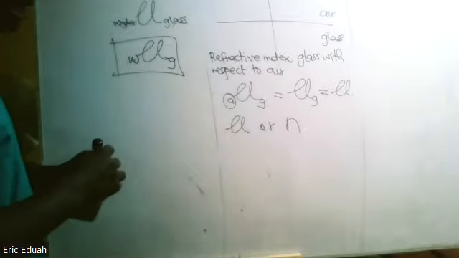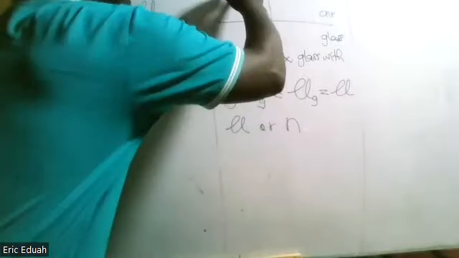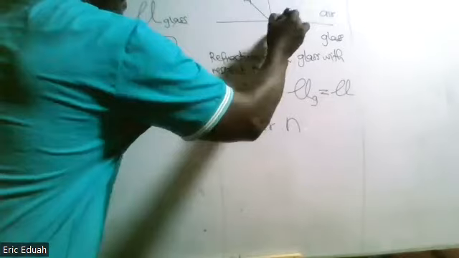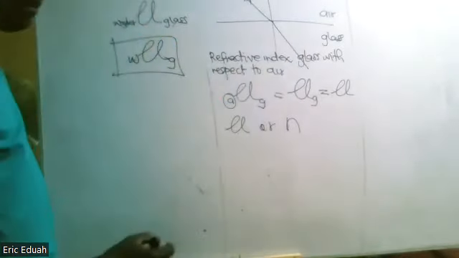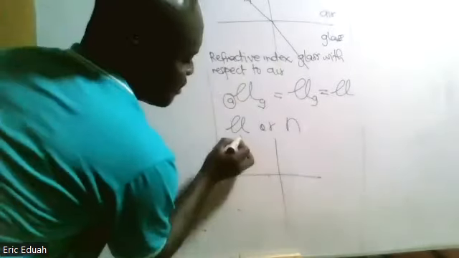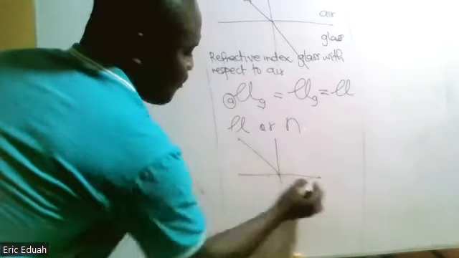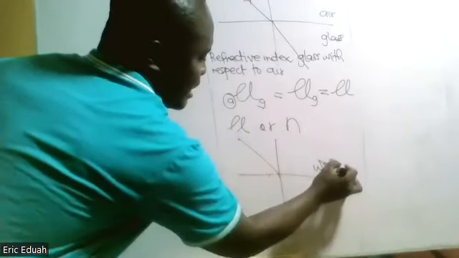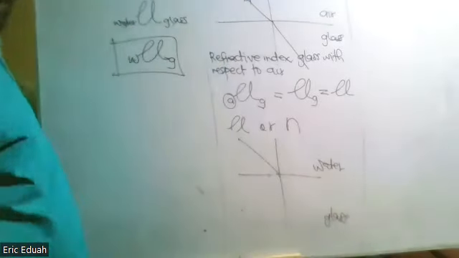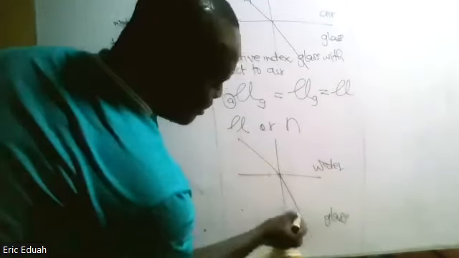Now I'm giving another situation where light is being propagated from another medium, from water. The first medium is water. The second medium is glass. Glass is denser than water, so it will deviate towards the normal.